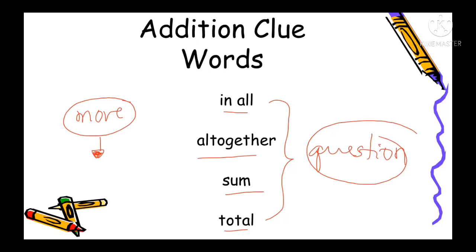It's because we can identify the word more at the middle or the other part of the word problem. Okay? So those are the five addition clue words.